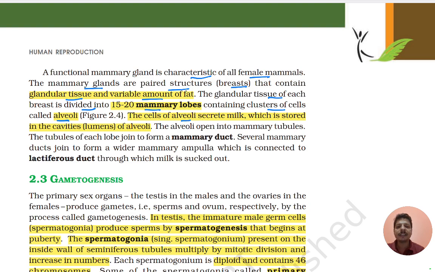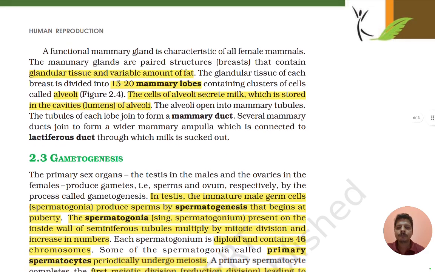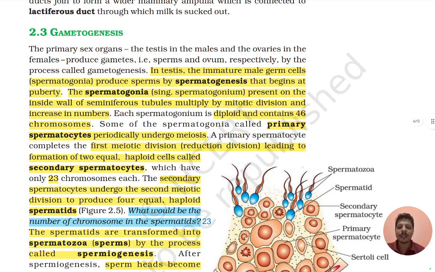The cells of the alveoli secrete milk, which is stored in the cavities of the alveoli. Alveoli open into the mammary tubule. The tubule of each lobe joins the mammary duct. Several mammary ducts join to form the wider mammary ampulla, which connects to the lactiferous duct through which the milk is sucked out. And next topic, gametogenesis.